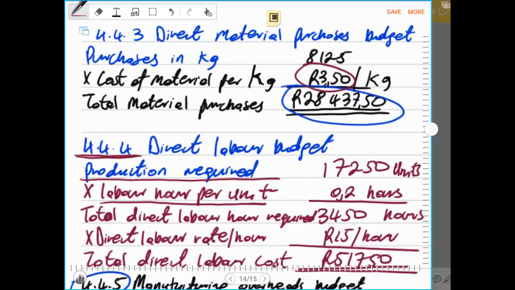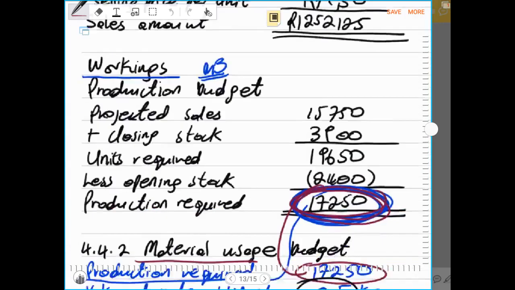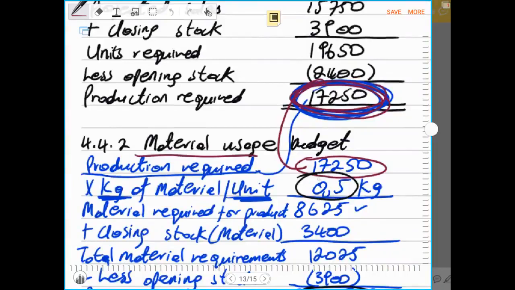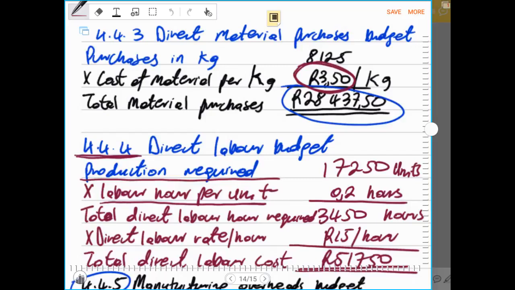Remember, we did all the calculations. So now if it costs the company 3 rand 50 cents per kg, and we need 0.5 kgs of material per unit, you multiply the 0.5 kgs by the cost per kg, which is 3 rand 50 cents. That will give us the cost of material per unit.